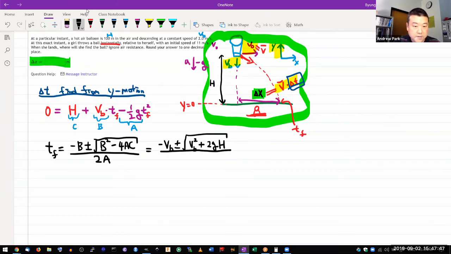So 2 times minus 1/2 g. So 2 cancels out 1/2. So I have minus g. And I can take care of this minus sign here.